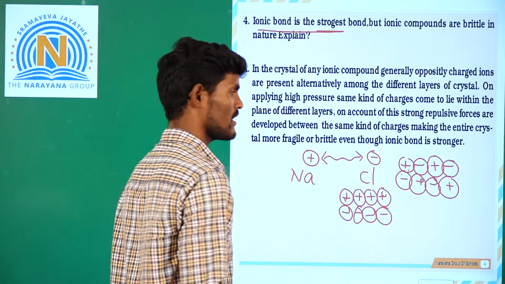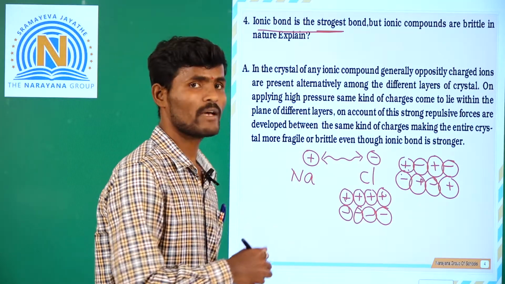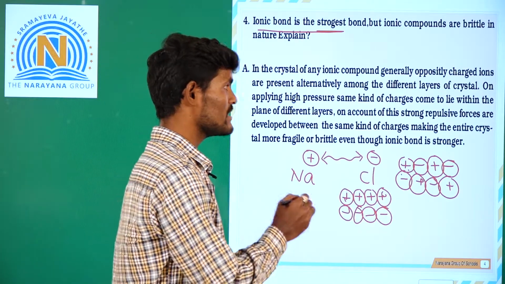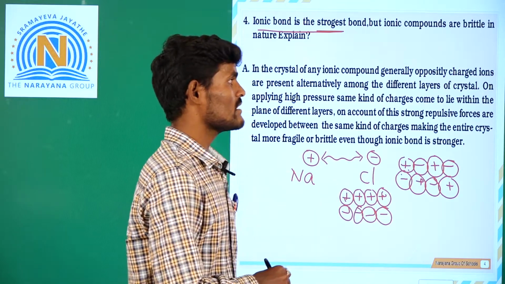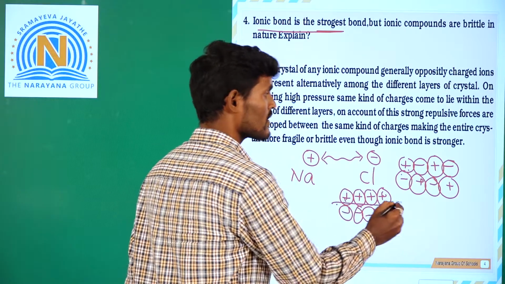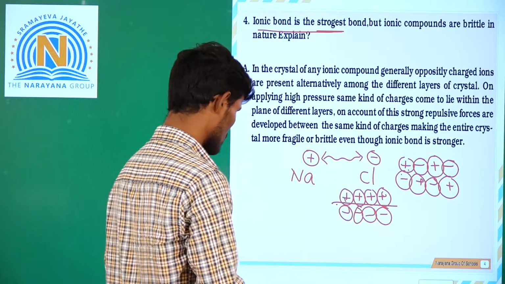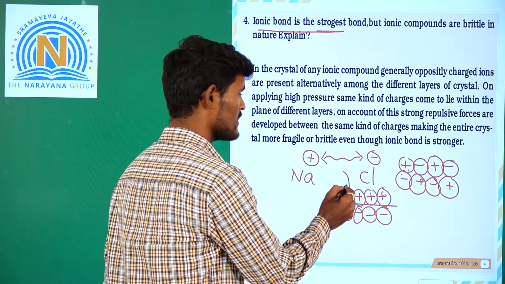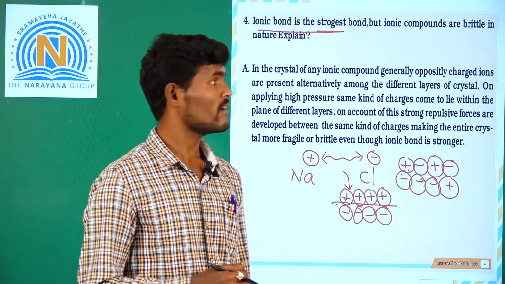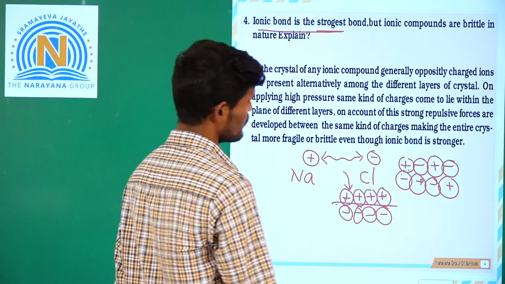Same type of charge. So in this situation, strong repulsive forces are developed between the same kind of charges. A large amount of repulsion arises between the same kind of charges. So that's why ionic bonds are the strongest bond, but ionic compounds are brittle in nature. Okay, next, fifth question.